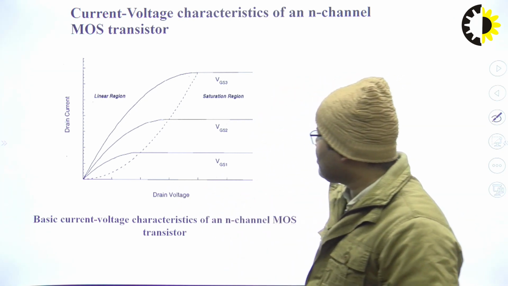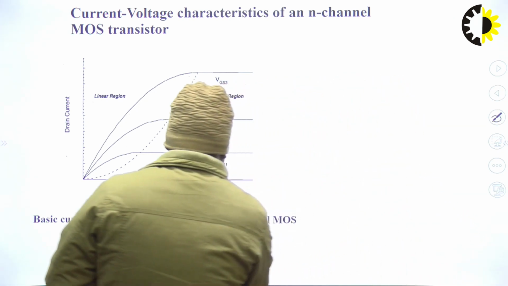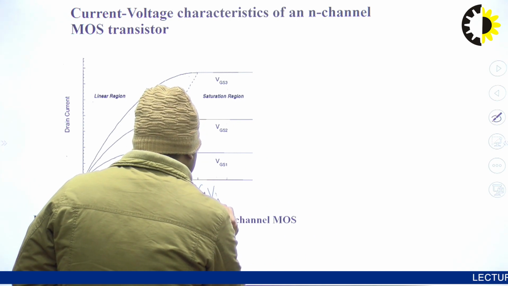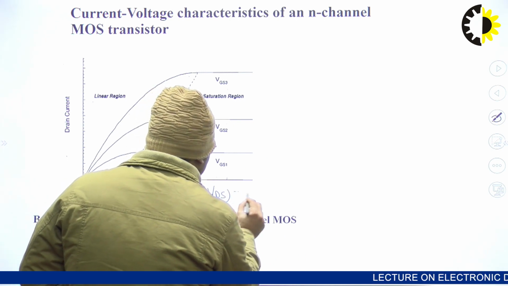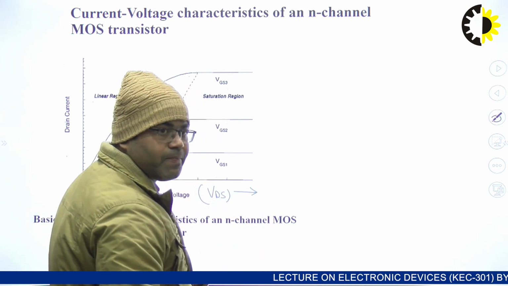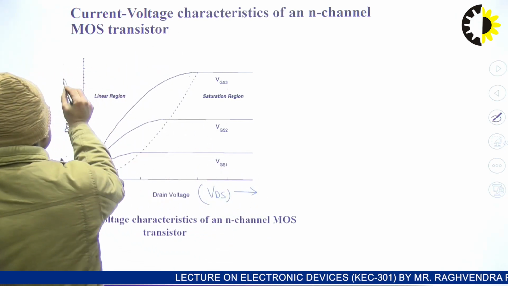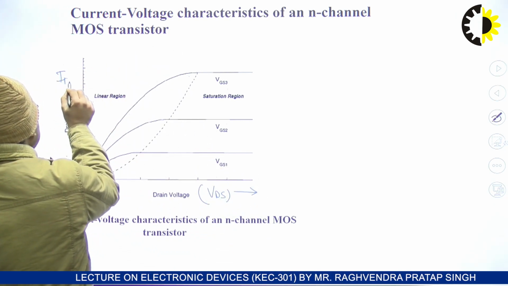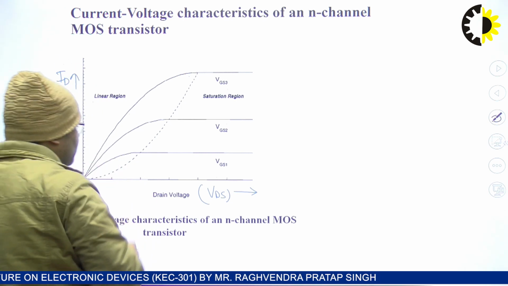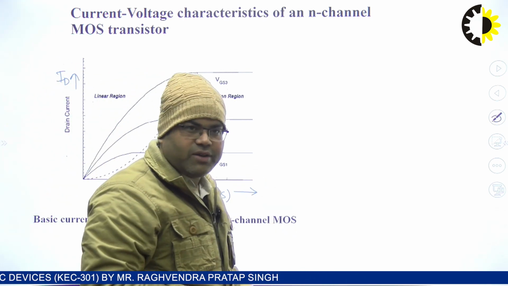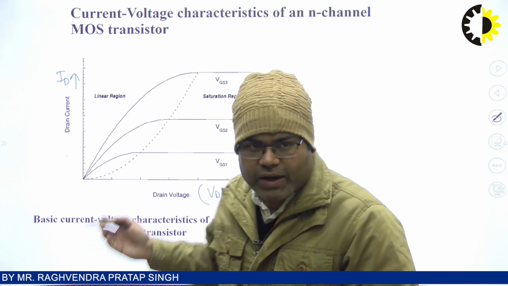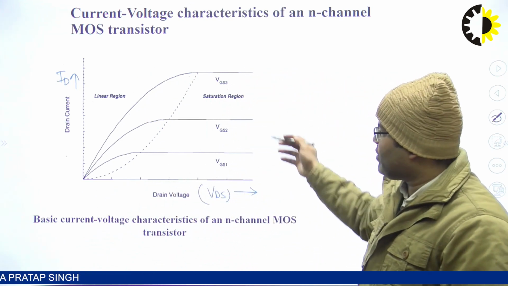On the horizontal axis, we have taken the drain voltage VDS, and on the vertical axis we have taken ID, the drain current. This characteristic curve is also called the drain characteristic curve.